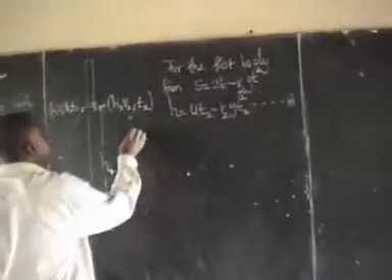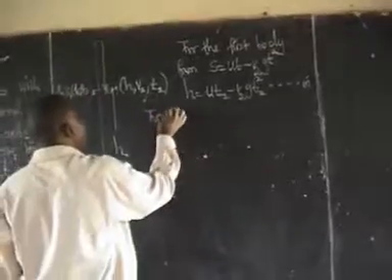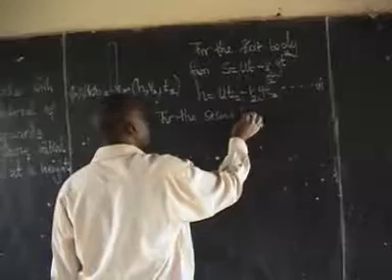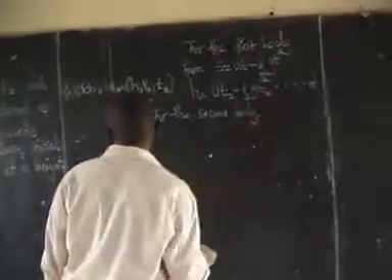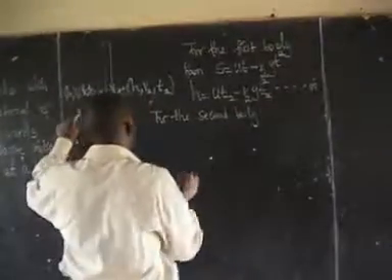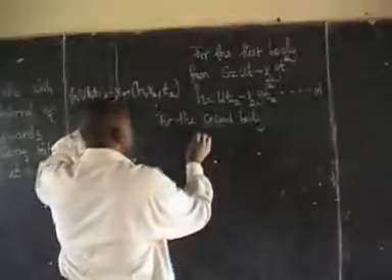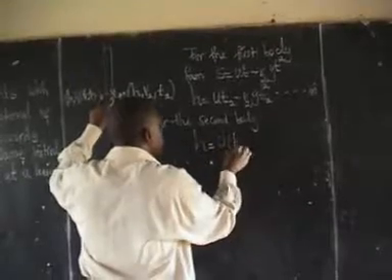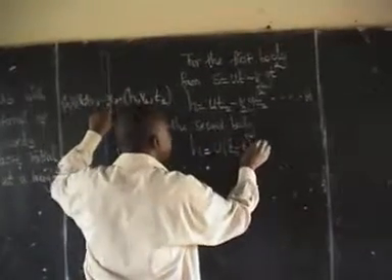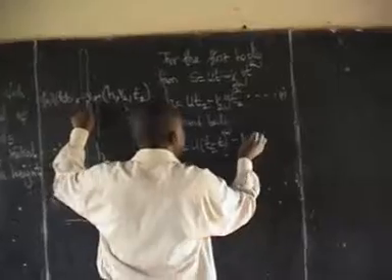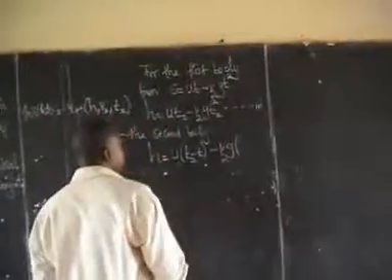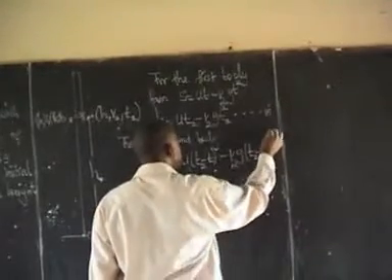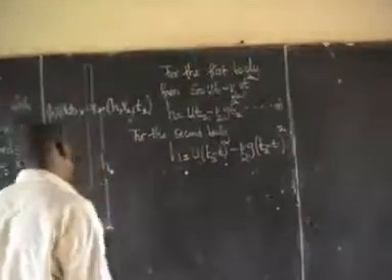So for the second body, we are going to have again, if they meet at the same point, h will equal to u bracket t2 minus t minus a half g bracket t2 minus t squared.